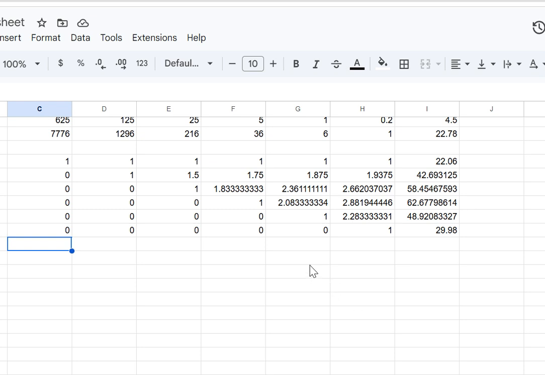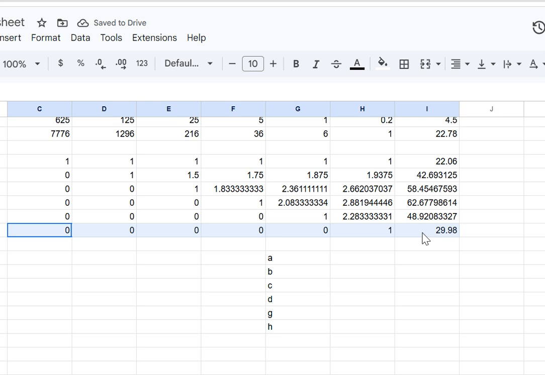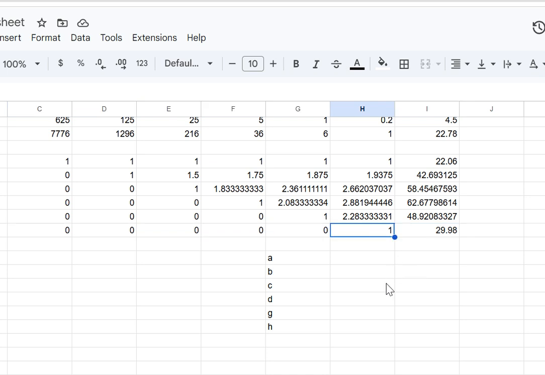So now I'm ready to solve directly. If A, B, C, D, G, and H. What this bottom column is telling me, if I remember the way this is set up, is all these coefficients multiply against the unknowns and equal a solution.